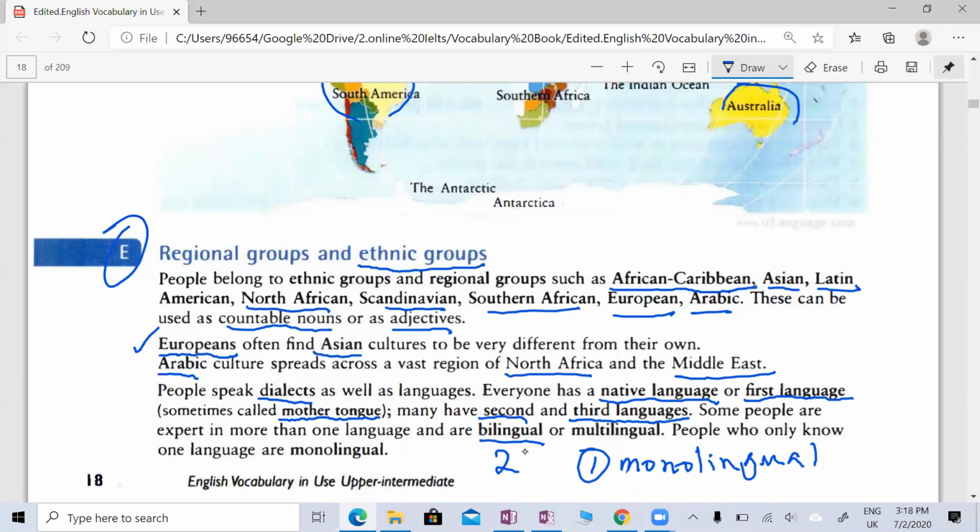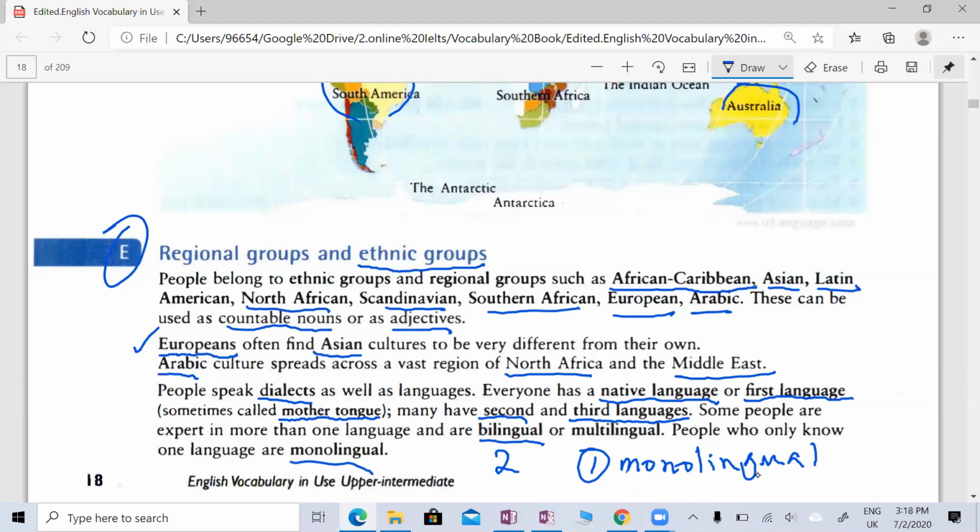Okay, so for example, I am a multilingual person. I can speak more than two languages, so I will come in the category of multilingual, right? People who only know one language are called monolingual. This is something I just mentioned earlier. All right.